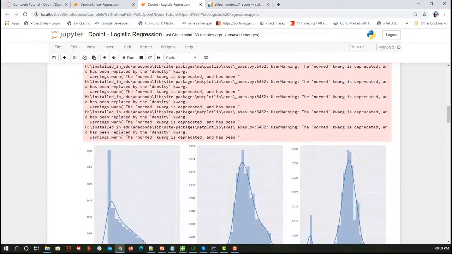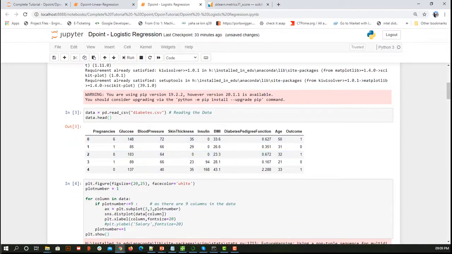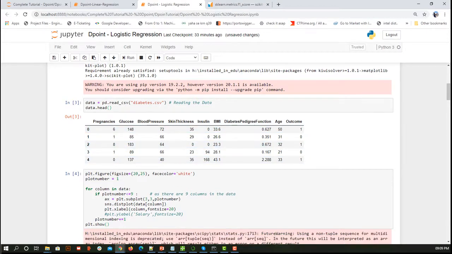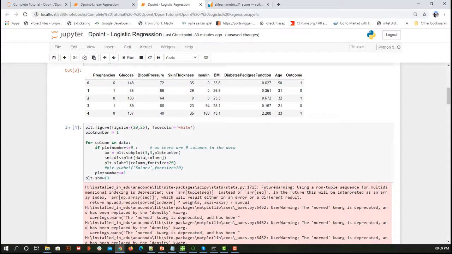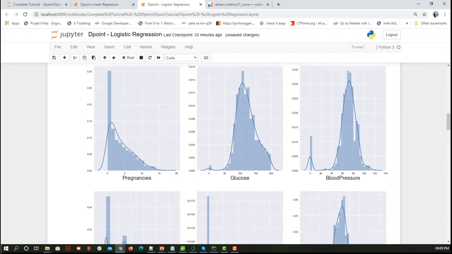I can use a matrix plot, but because here I have too many columns, one, two, three, four, five, too many columns, if there is no need for analyzing everything, then you can manually plot some of the columns of the data which you want to plot. So here I'm trying to see how the data is distributed for pregnancies, and for glucose. The ideal curve graph is our bell curve, which looks like this format.